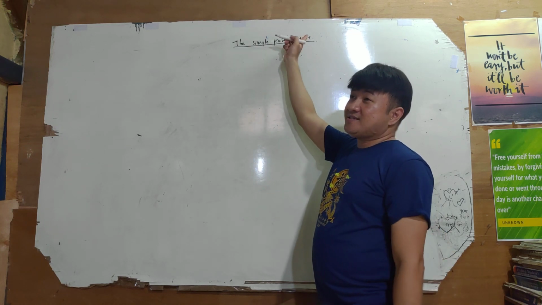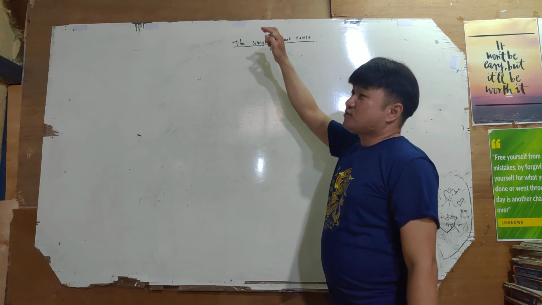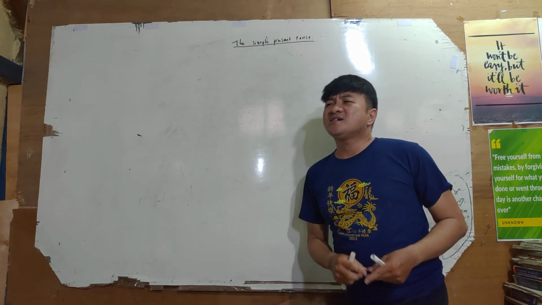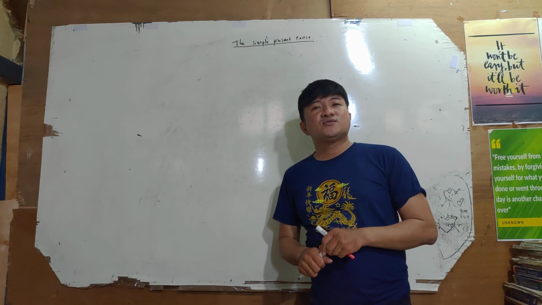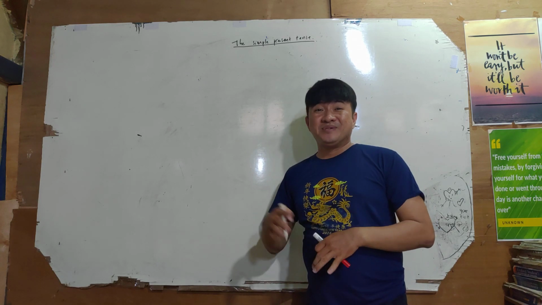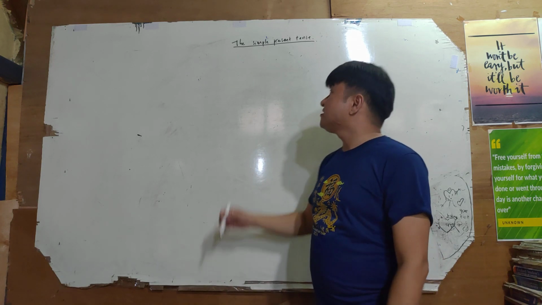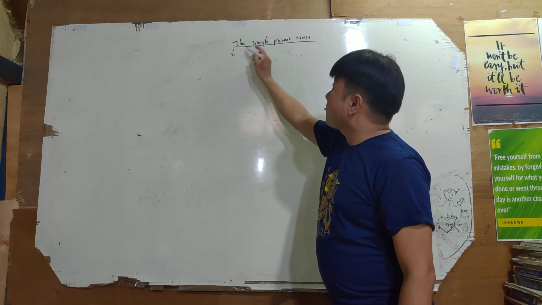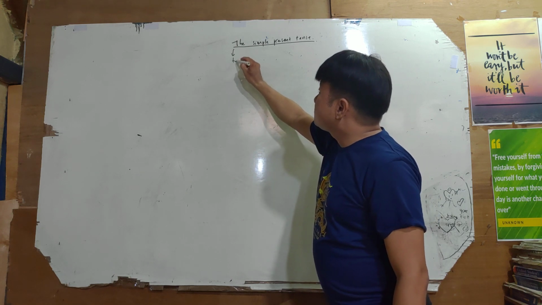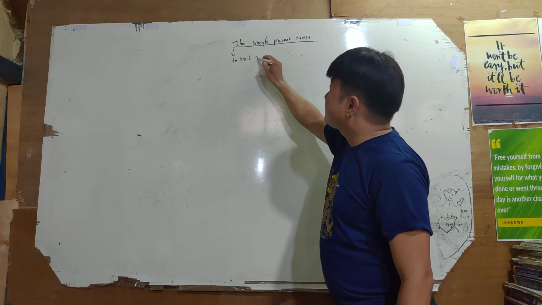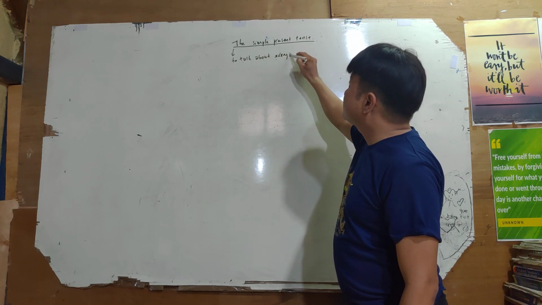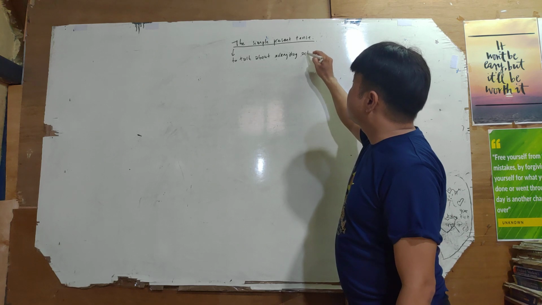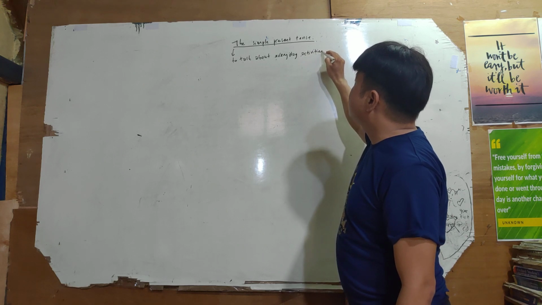The simple present tense. What is this tense for? To talk about our everyday activities. So the things that we normally do every day, we do repeatedly again and again. Okay. So it's to talk about everyday activities.